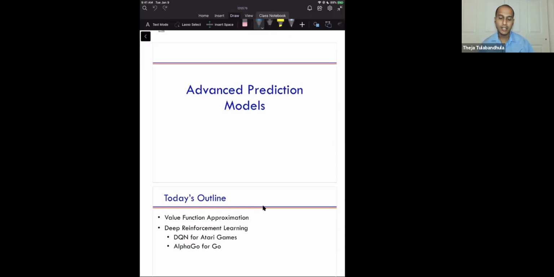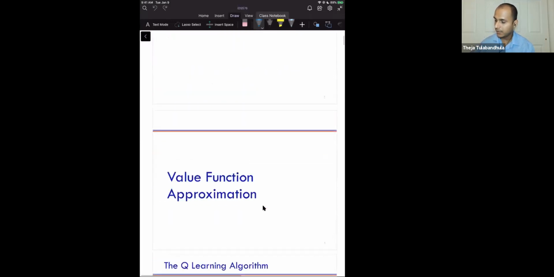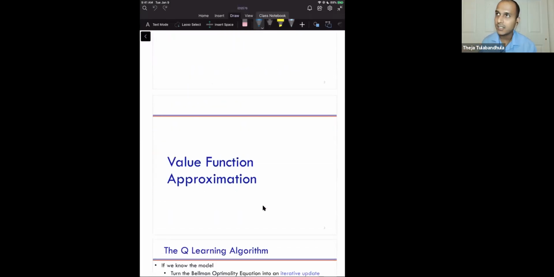It was computed using these intermediate objects called state action value functions, or a state action value function matrix.